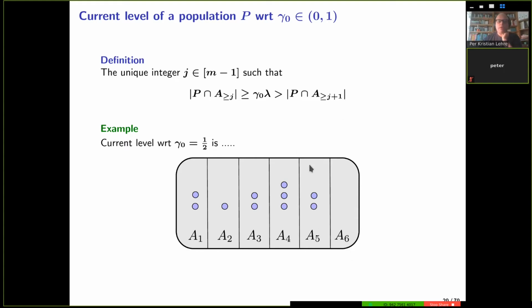So here the current level is 4. Because we have 5 individuals, which is half of the population in level 4 or higher. However, the number of individuals in level j plus 1 or higher, so 5 or higher, is 2, which is less than lambda divided by 2, so half times lambda.